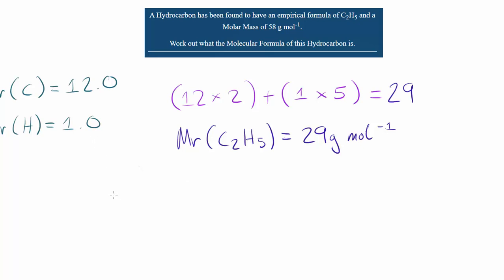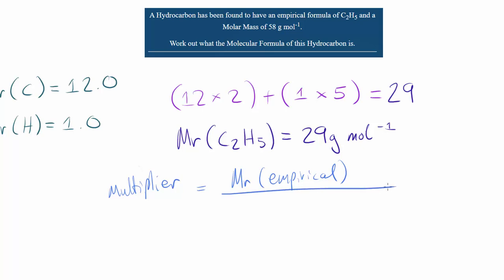So effectively, if I was to put that as an equation, I would say the multiplier equals the MR for the empirical divided by the MR molecular.